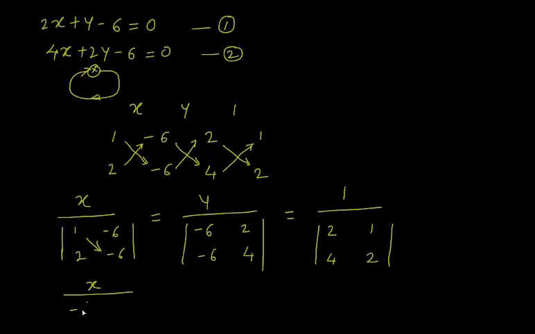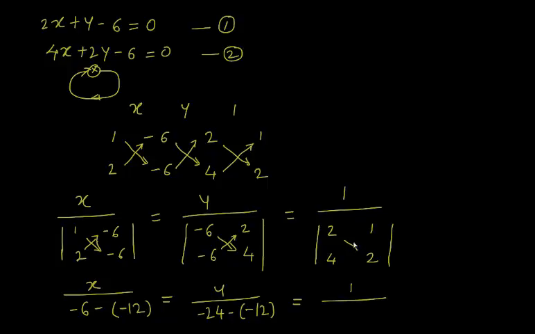So this will be x upon, let's cross multiply for x, 1 into minus 6, which will be minus 6, minus the second term, 2 into minus 6, that will be minus 12, is equal to y upon, by cross multiplying we get minus 6 into 4 is minus 24, minus 6 into 2 will be minus 12, equal to 1 upon, the first term is 2 into 2, that is 4, minus 4 into 1, that will be 4.